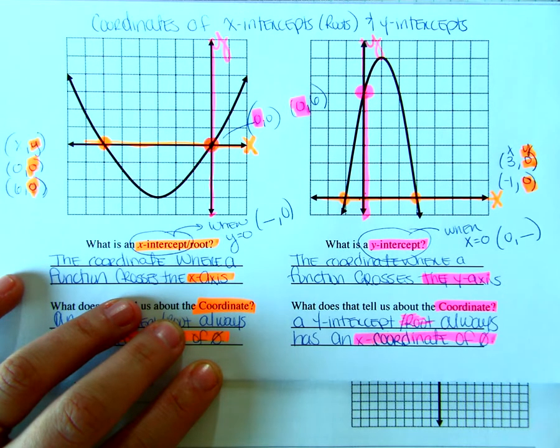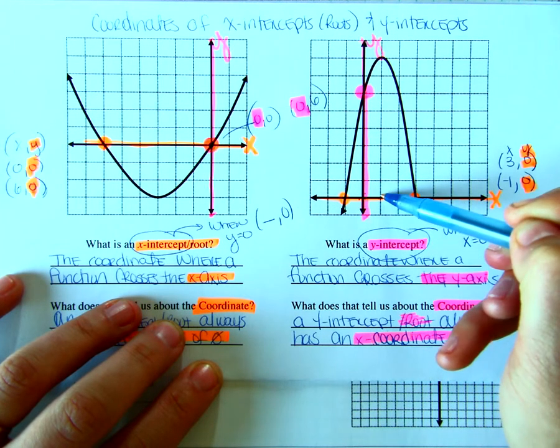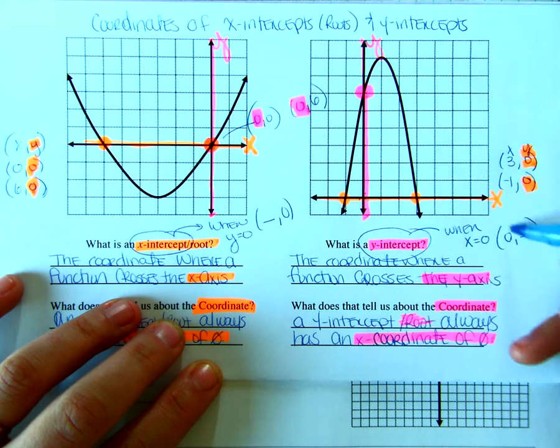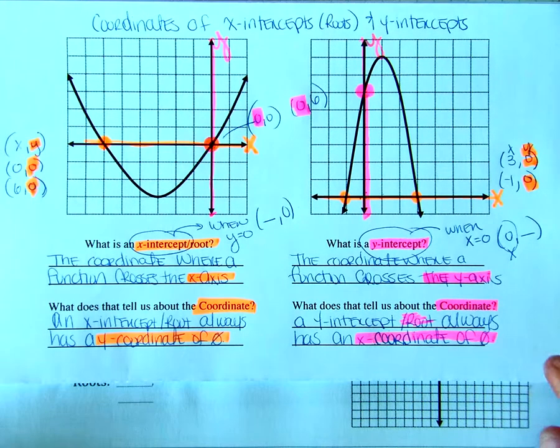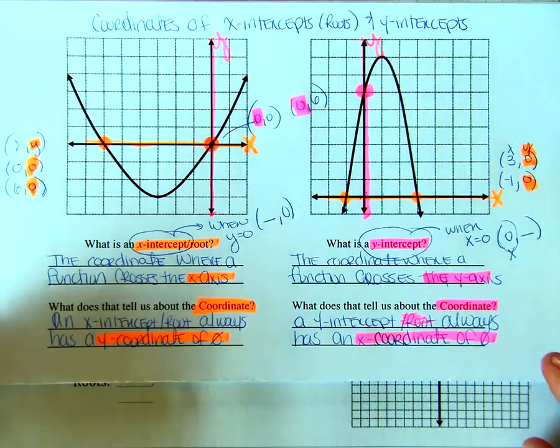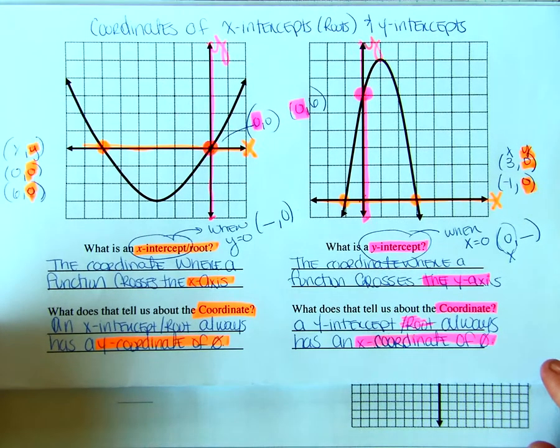It will always be in the form 0, comma something. Because if it's hitting the y-axis, that means you're going left or right, nothing. Left or right, nothing. Okay? So we're going to use these two concepts in order to solve for the x-intercept or the y-intercept of a quadratic.